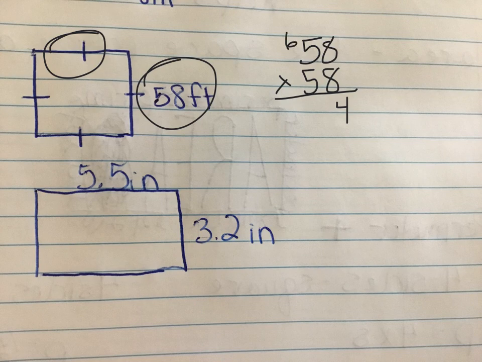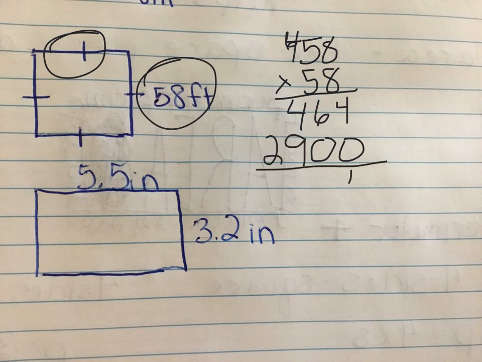Plus 6. 5 times 8. 5 times 5 plus 4. Add these 2. And don't forget your label. And these are area. This is area, so I need to square it.